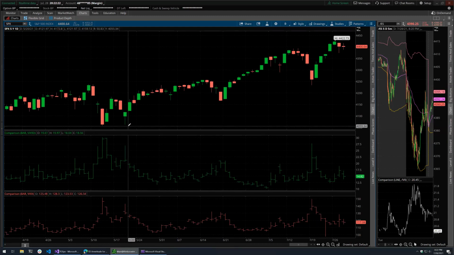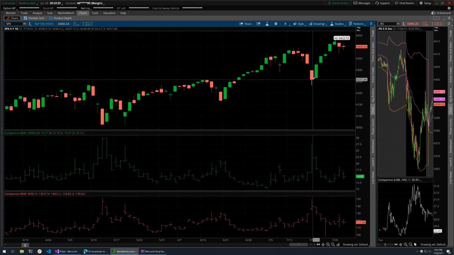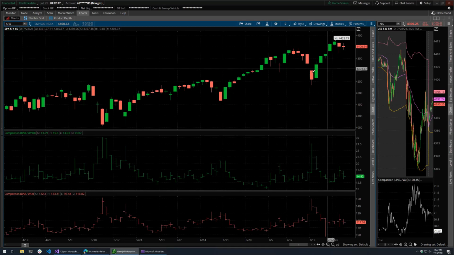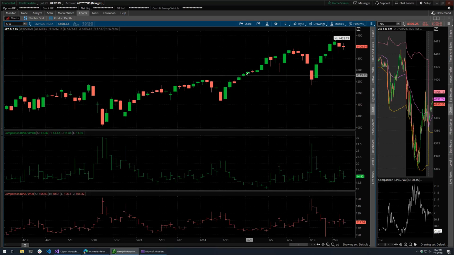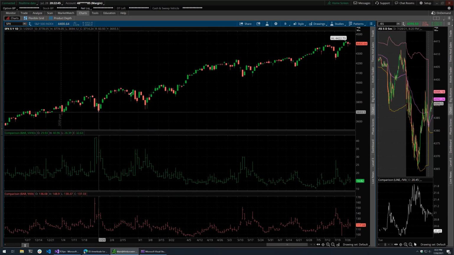This doesn't always happen. You don't always get a 2-day retracement like this and have the opportunity to then go long. I thought we were going to turn over and put in a pattern like that here. But as you can see, that doesn't always happen. It didn't happen here either.